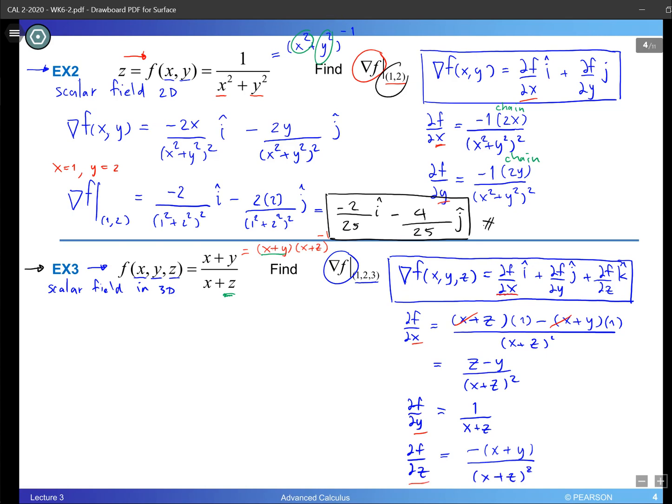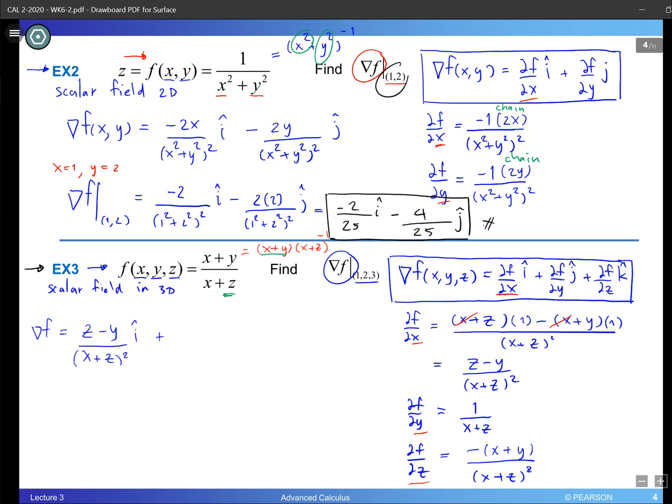So now we got df by dx, df by dy, and df by dz. So everything comes down to right here. Gradient vector of f equal to df by dx, and that is equal to z minus y divided by x plus z squared. That's the first component.